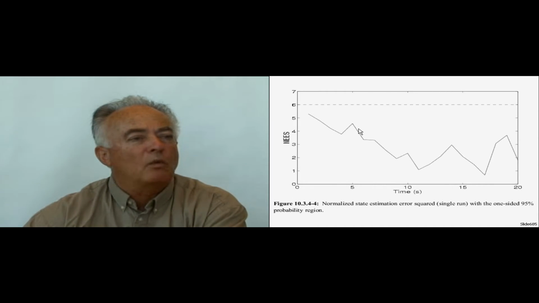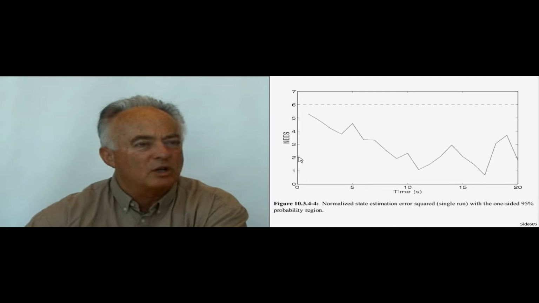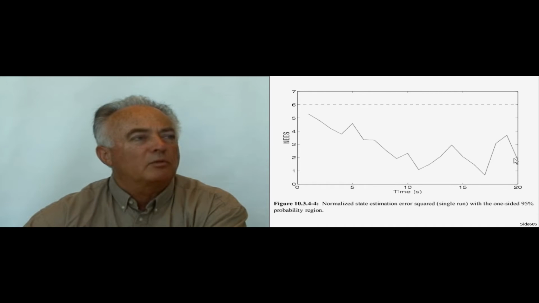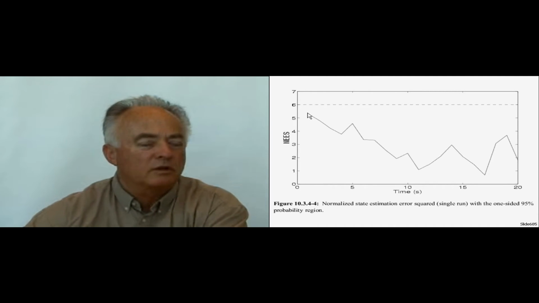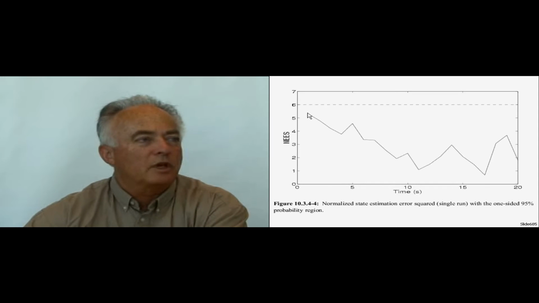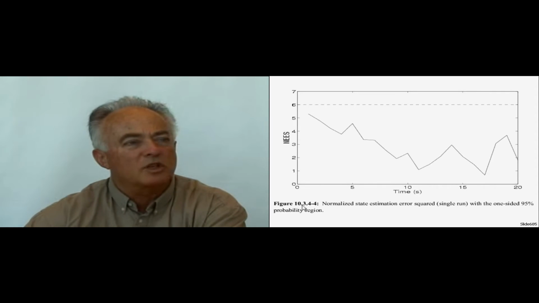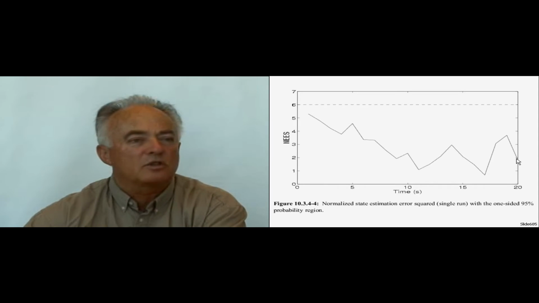So based on Monte Carlo runs, you divide by the number of Monte Carlo runs. The average should be around 2, but what we have is a single run here. So the upper limit is 6, or 5.99, the 95% one-sided probability region, and we see that for this particular single run it does stay within the bounds.